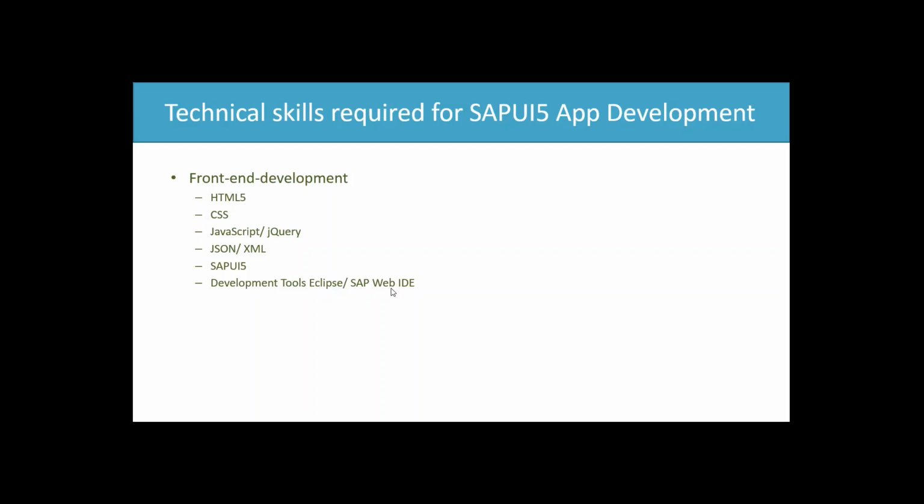Are you from a front end background like HTML, CSS, JavaScript, jQuery? I don't think so. Don't worry, this part will be taken care of by me. I will start with HTML5 on the assumption that you have never done HTML, CSS, JavaScript, jQuery, JSON, XML, SAP UI5. If you have never touched it, kindly don't worry. I will take care of that.